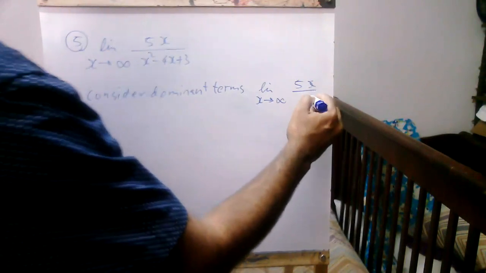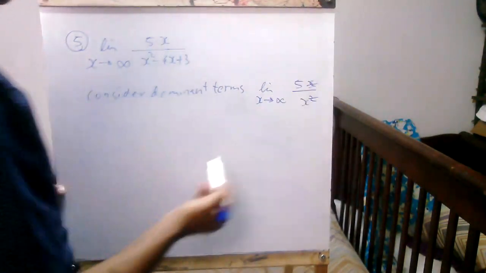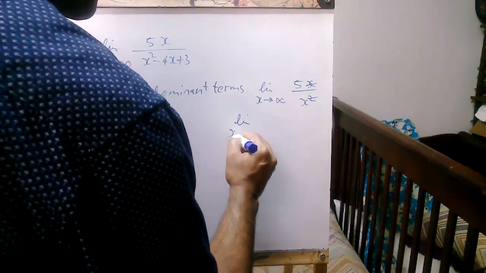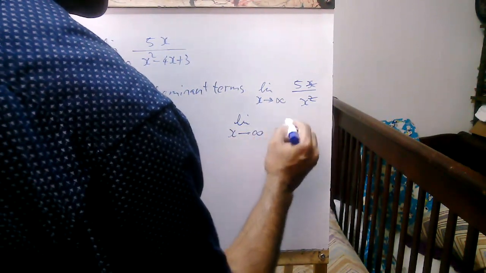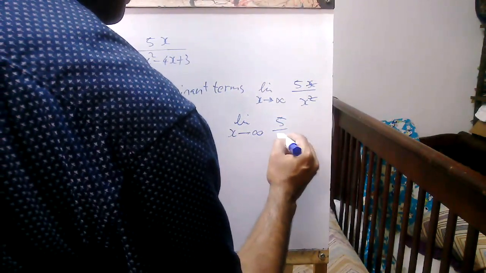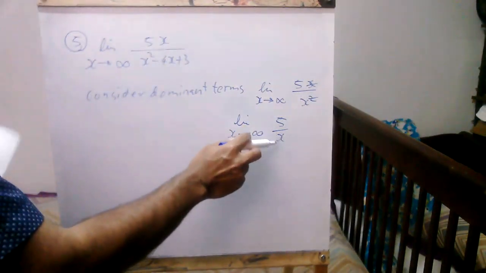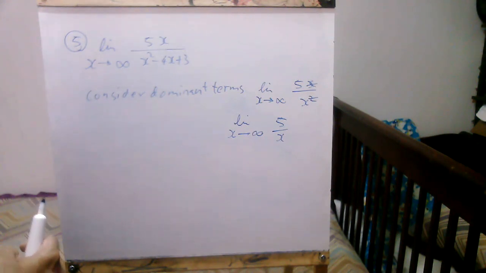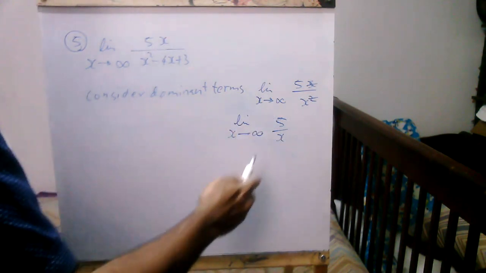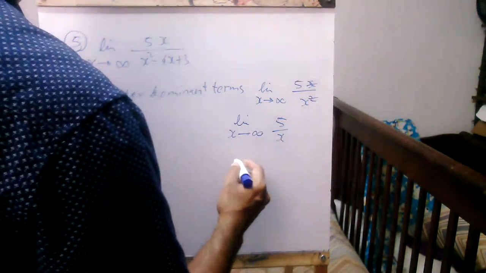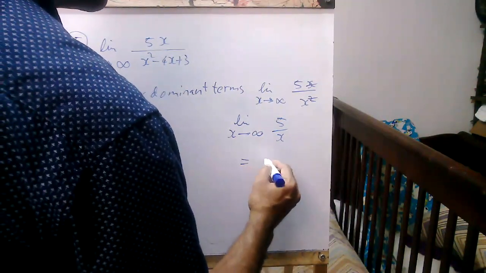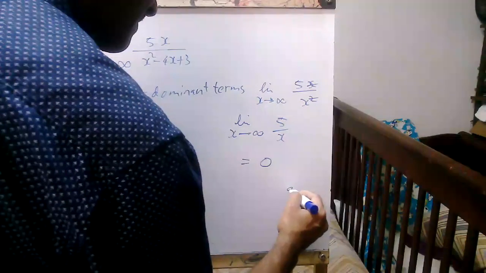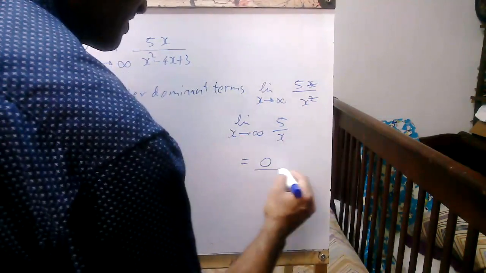So one of the x's cancels out, and we get the limit as x approaches infinity of 5 over x. When x goes to infinity, meaning x is a big number, this approaches 0. So this is equal to 0. Answer choice A.